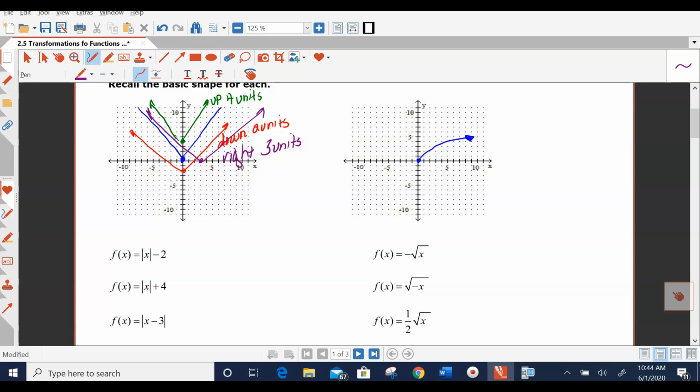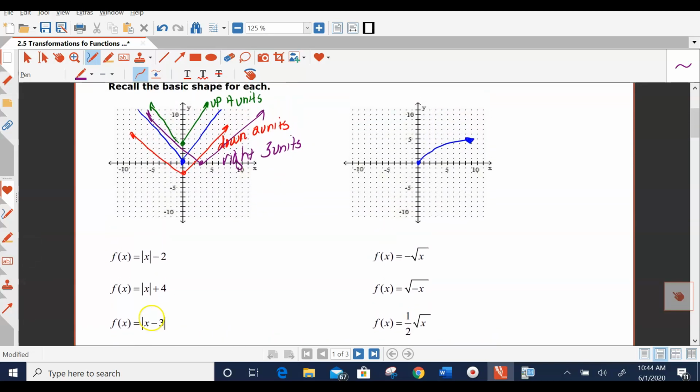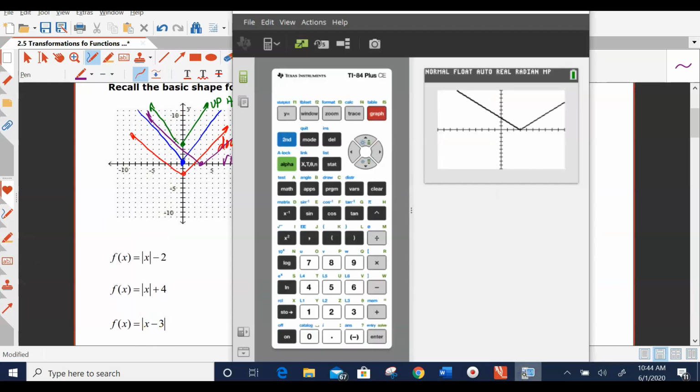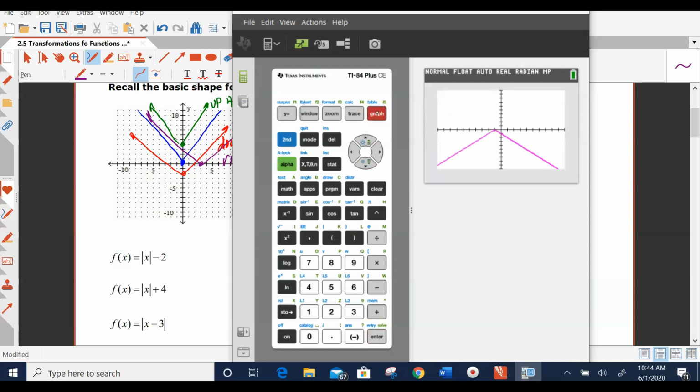And then finally, this last one, the negative absolute value of x plus 1. Let's compare him, turning him off, turning him on, and let's graph him. What happened this time? Well, it looks like it was moved to the left 1 unit, and then it's flipped over this x-axis.